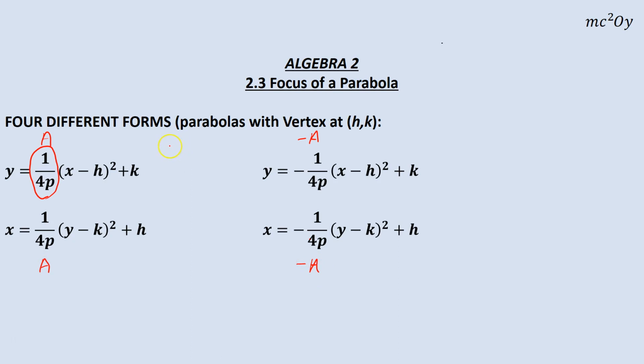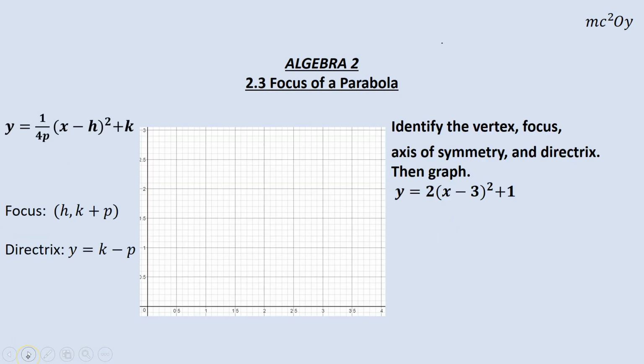So remember our pictures. Opens up, opens down. Those are our y equals. Opens left, or excuse me, right, x equals positive a, and opens left, x equals negative a.